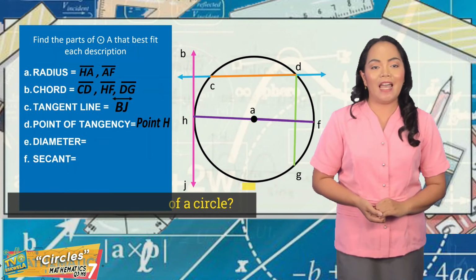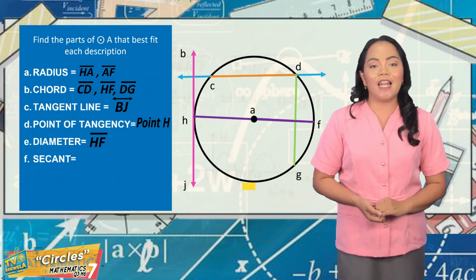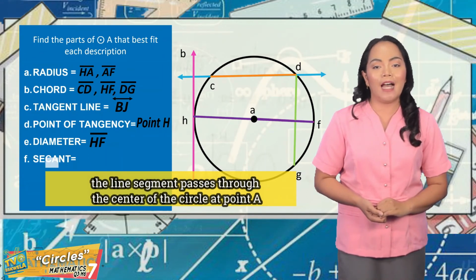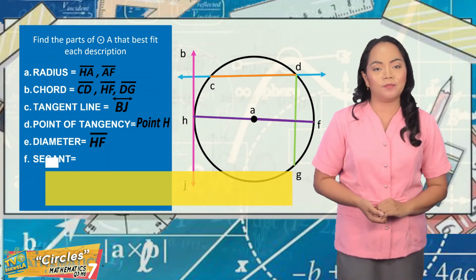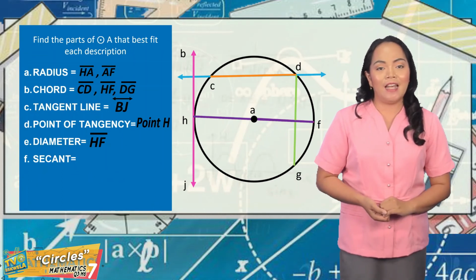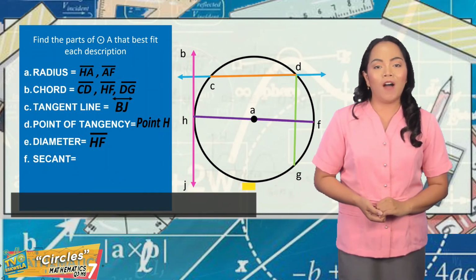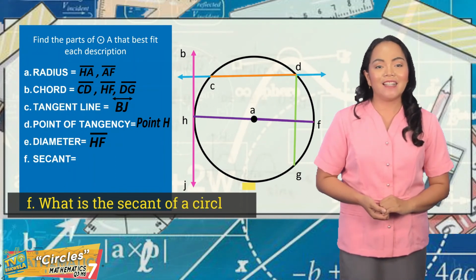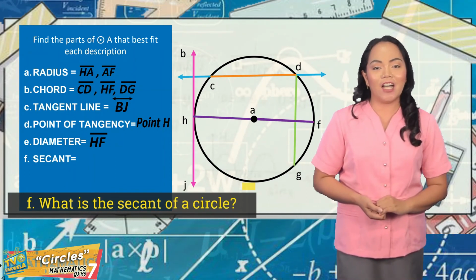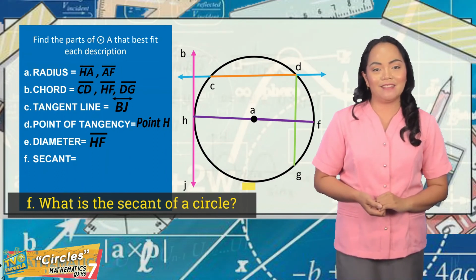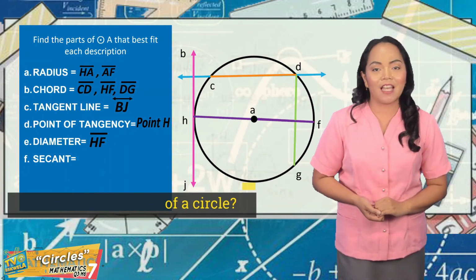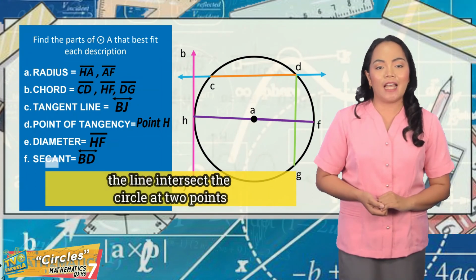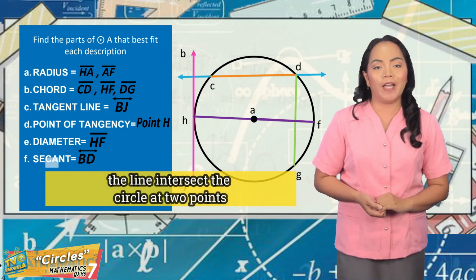Line segment HF, since the line segment passes through the center of the circle at point A. Letter F. What is the secant of a circle? Correct! Line BD, since the line intersects the circle at 2 points.